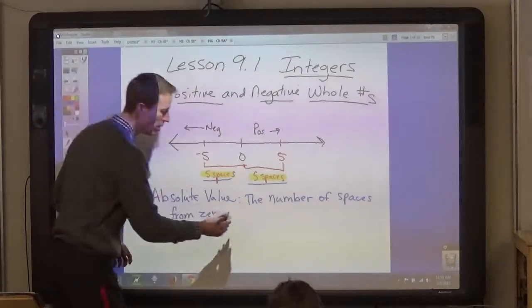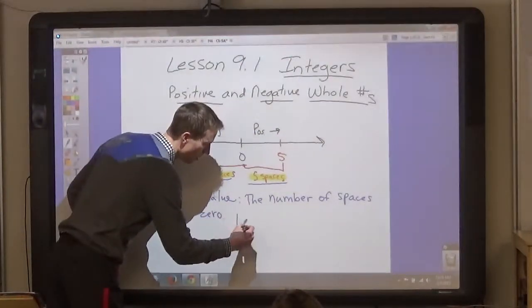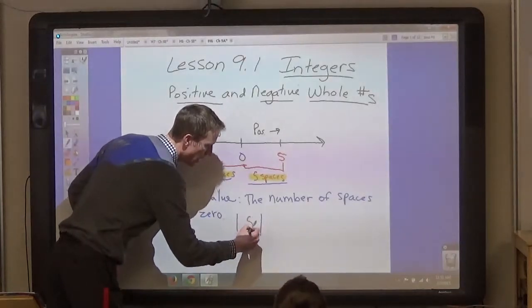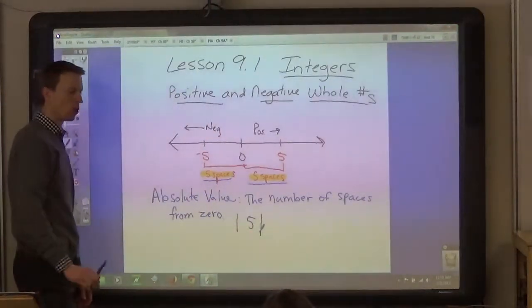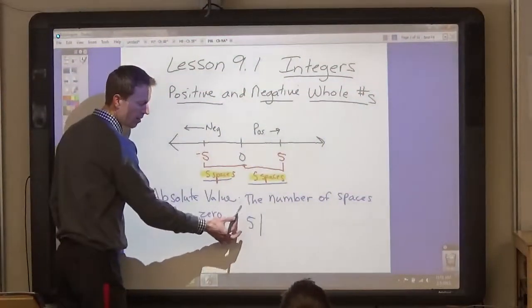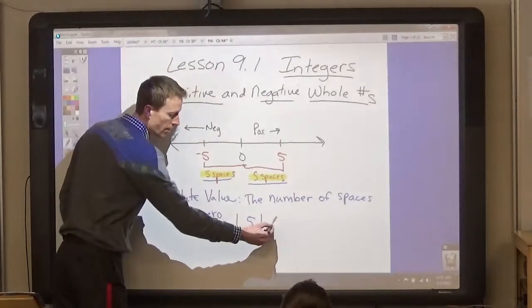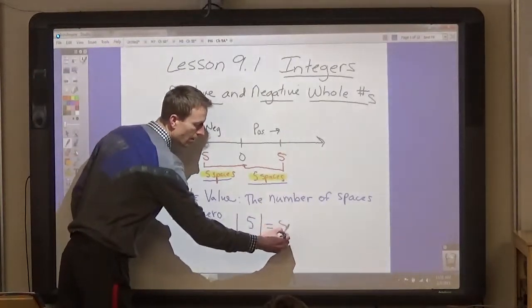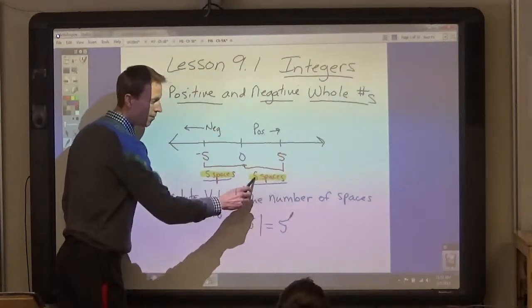And it's written with these bars, like this. These bars mean absolute value. So we would read this problem as the absolute value of 5 is 5. See, it's 5 spaces.